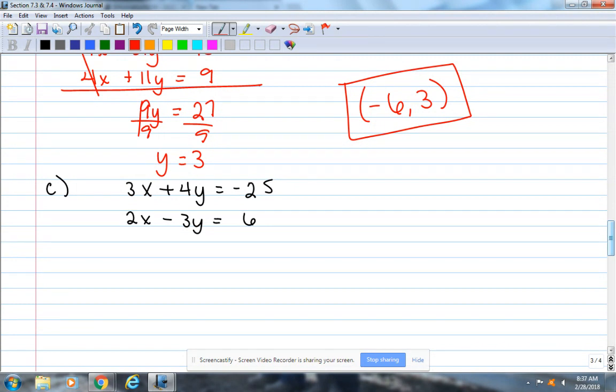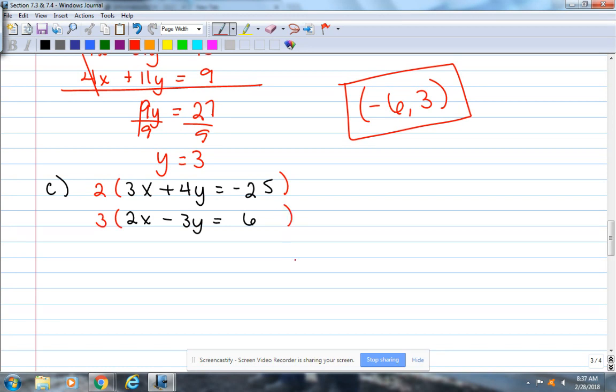So we said we got to make one of them equal to positive 6 and one of them equal to negative 6, right? It doesn't matter which one you make negative, because they're both positive, so I'll need to multiply one of those rows by a negative number, right? So to make 6, this one needs to be multiplied by 2, and the bottom needs to be multiplied by 3.